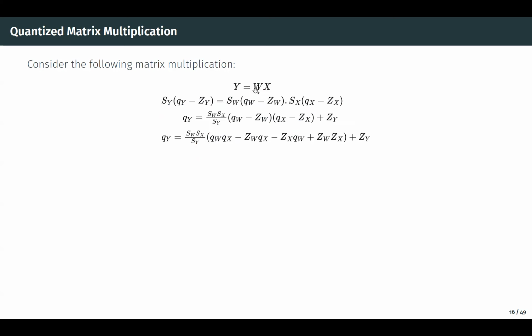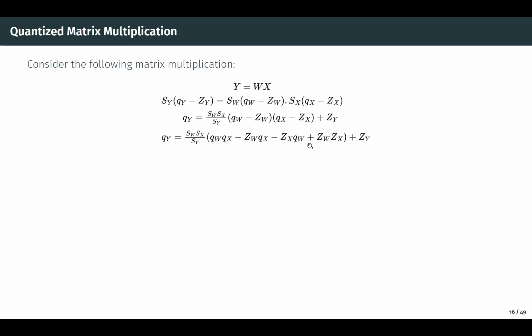We have a weight matrix and an input matrix, which will give us an activation or the output. If we plug in a formula for finding the scale given the quantized output and the Z point of the output, we can factor out and find that in this operation, we can factor together the scalars so that they are one factor.